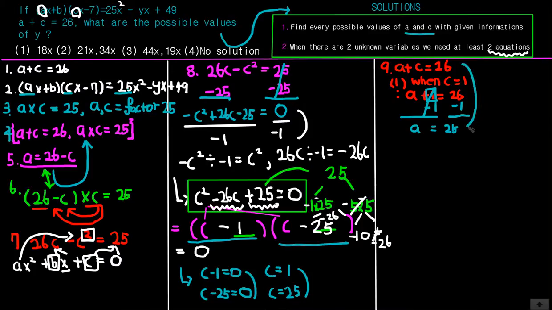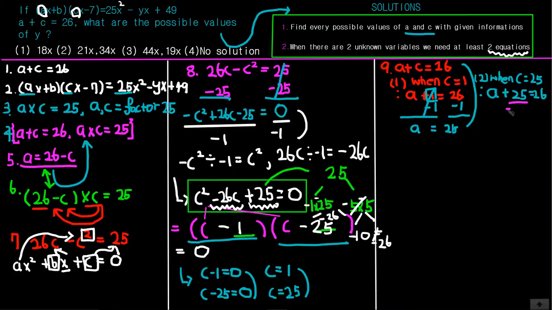And we can do the second possibility, when c is equal to 25. When c is equal to 25, it is going to be a plus 25 equal to 26, where the number 25 is our c value.